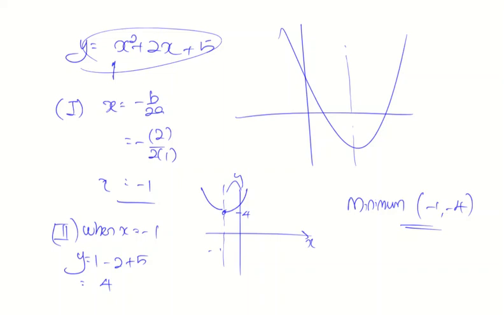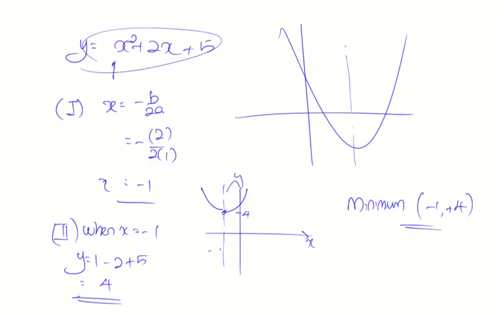Negative 1. It's a positive 4, not negative 4. It's a positive 4. Okay, everybody? Positive 4. Now, this is the method we learn in our mathematics.